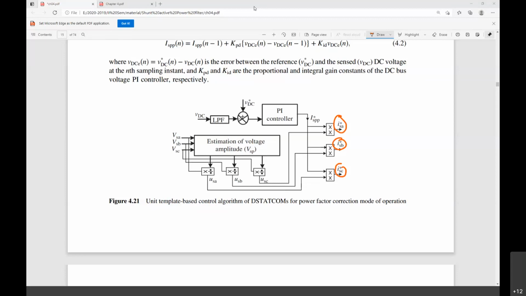This is a very simple algorithm also. One thing is to make the source currents in phase with the voltage.